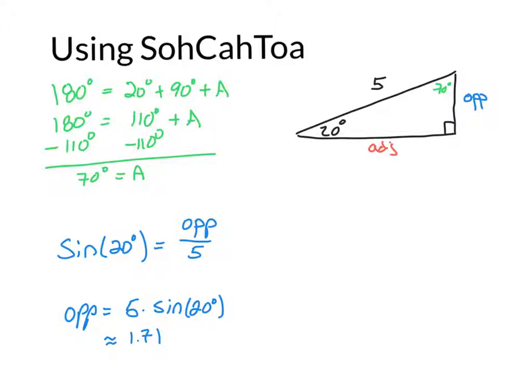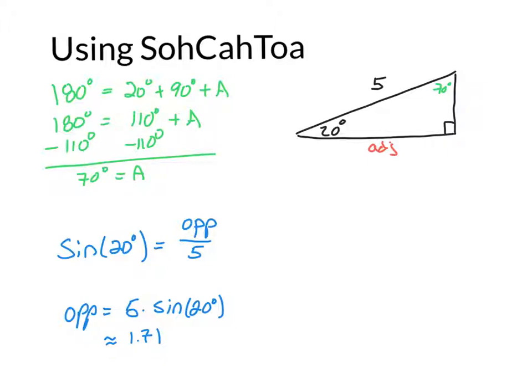So this is using the sine function to find the length of the opposite side. Now, if we take it one step further, I'm going to find this adjacent side. Let's add our new information over here.